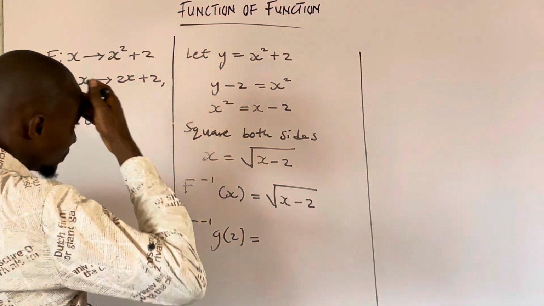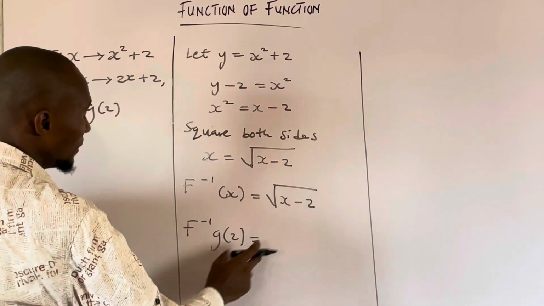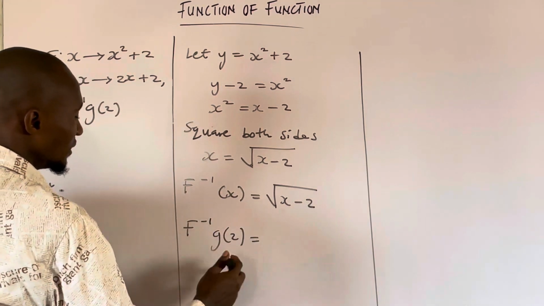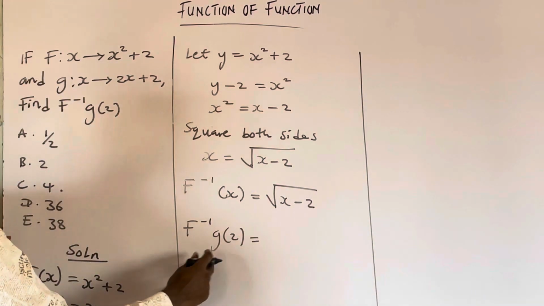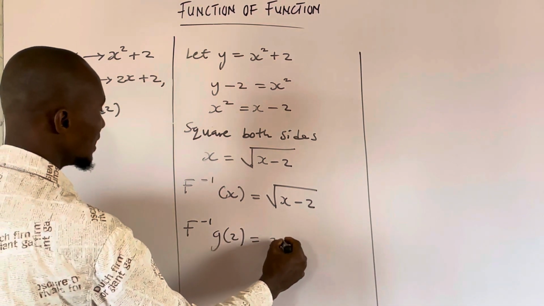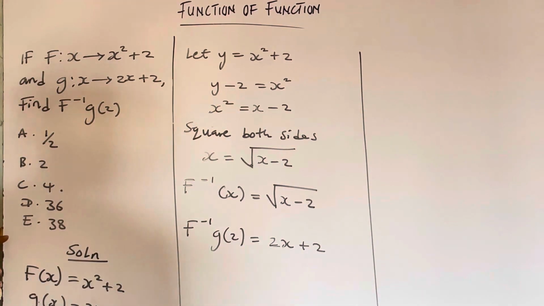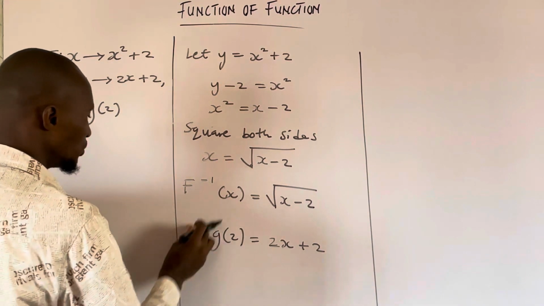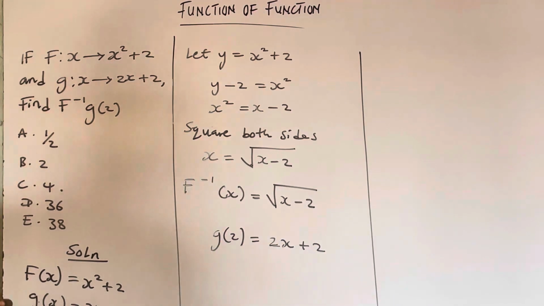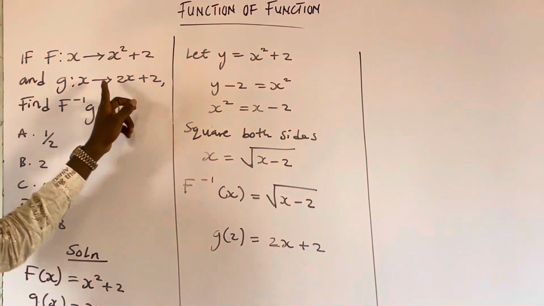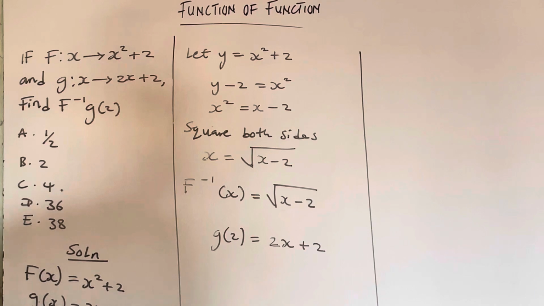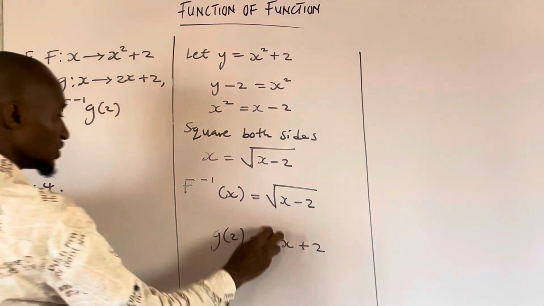Now, to find f inverse g of 2, what do we do? Over here, we know that our g is 2x plus 2. Okay, let me not confuse you. g of x is equal to 2x plus 2, according to what we have in the question.